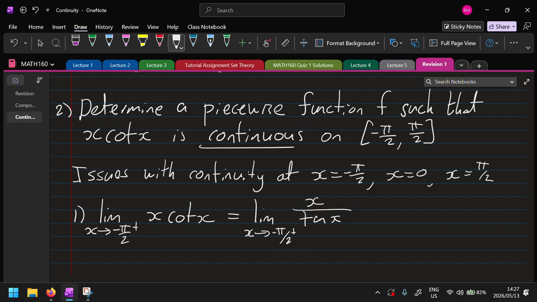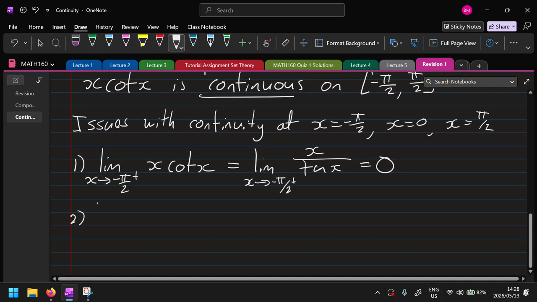That's fine. What happens in the bottom when we take the limit? It's unbounded. So if you have some constant over something that's unbounded, what do we end up with? 0. Good. We get 0. So we take the limit, we get 0.